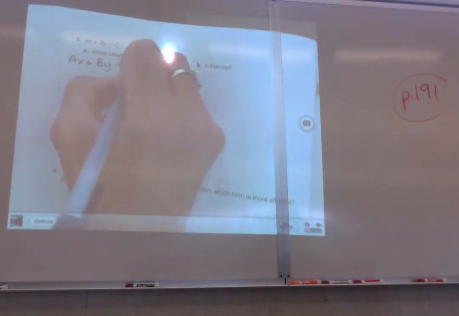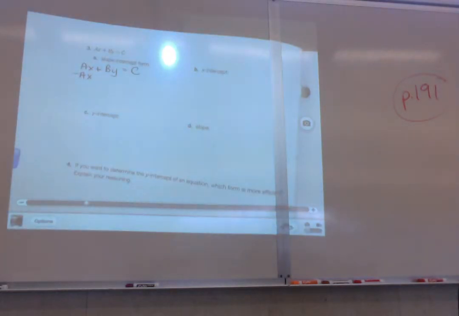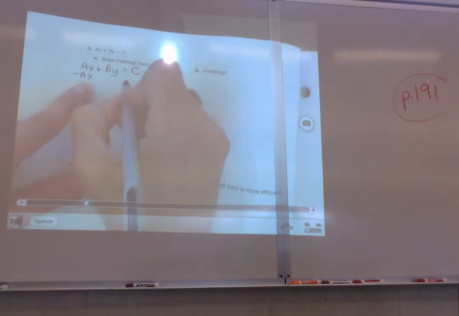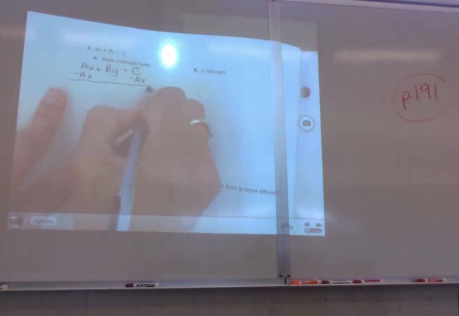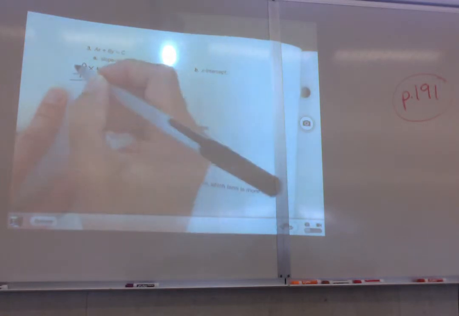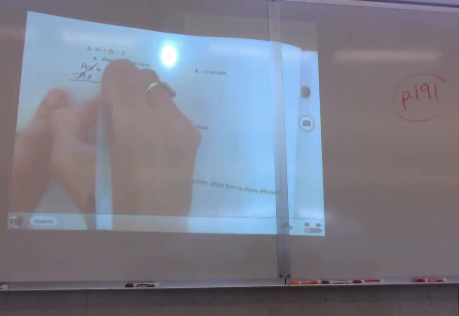I need y by itself, so I'm going to subtract the x term on both sides of the equation. Positive ax plus a negative ax, it cancels out, leaving by by itself.